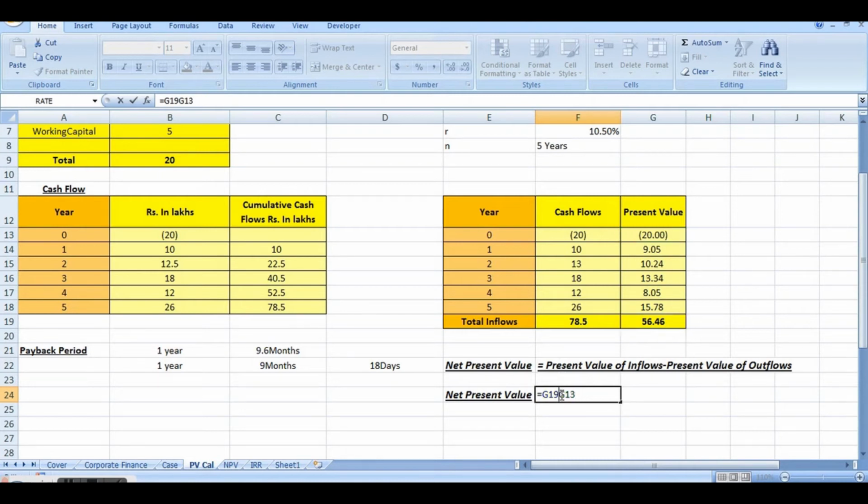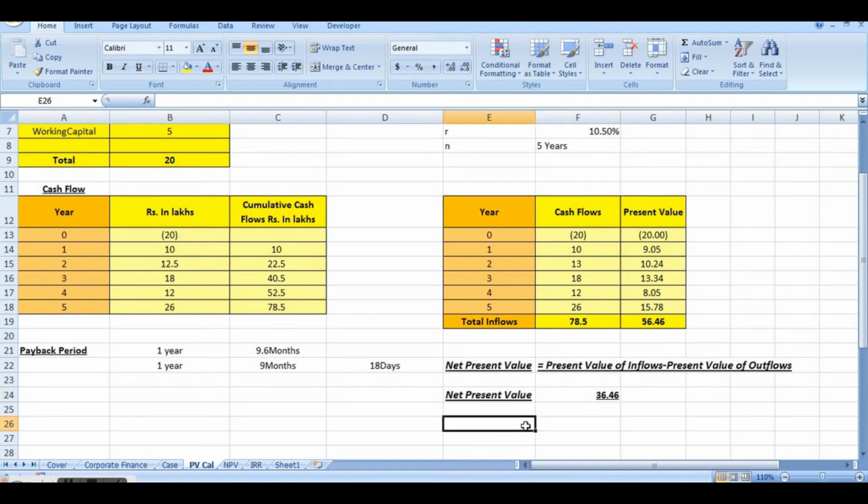So we will not make it negative, we will adjust our formula and it gives us the answer as 36.46.